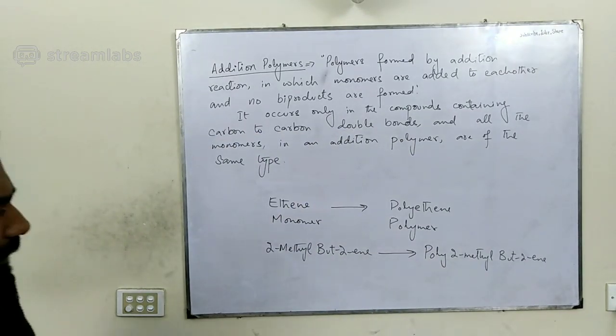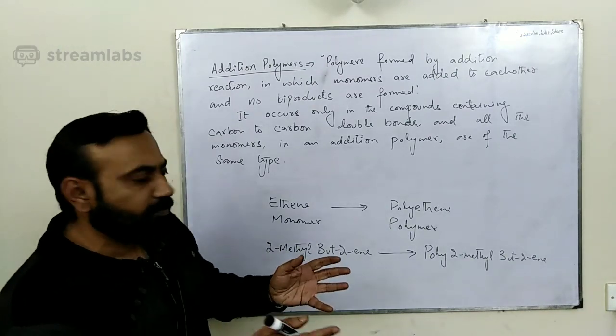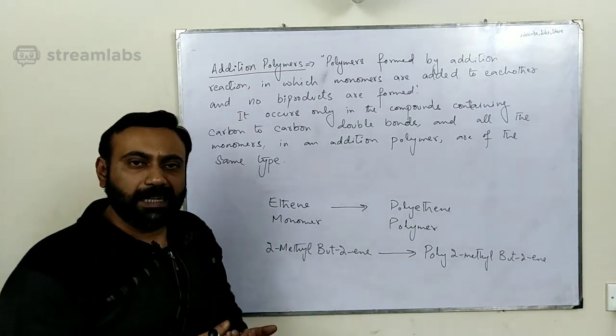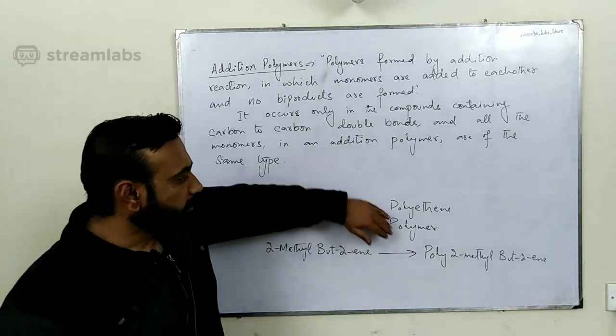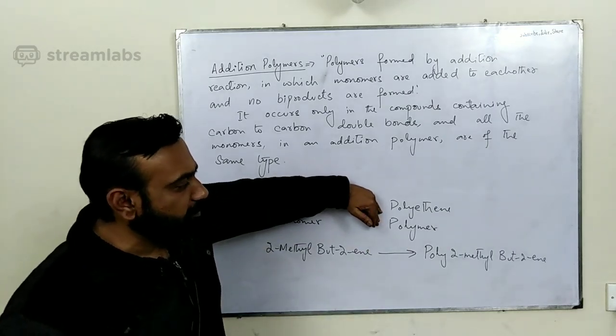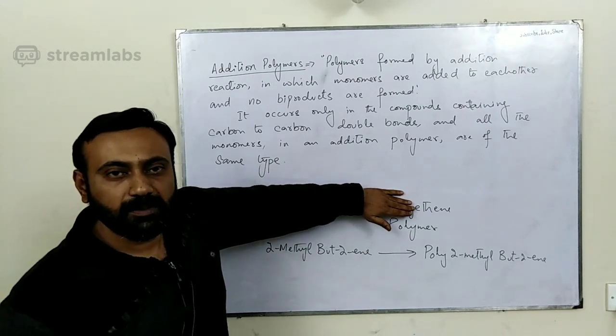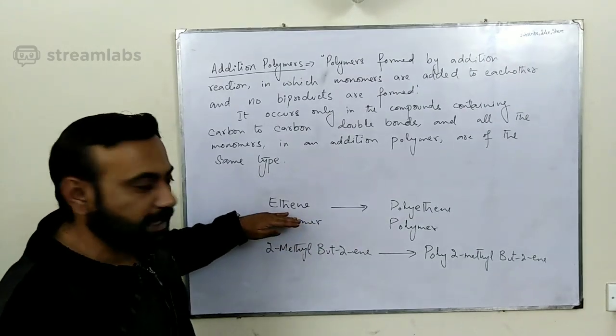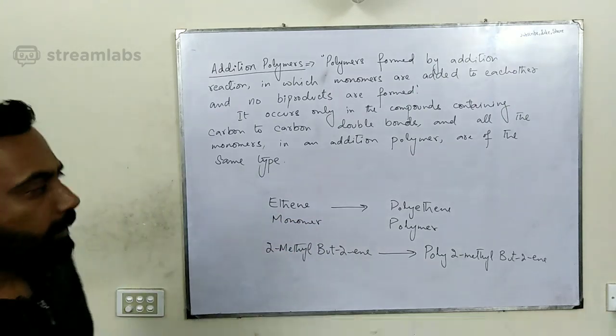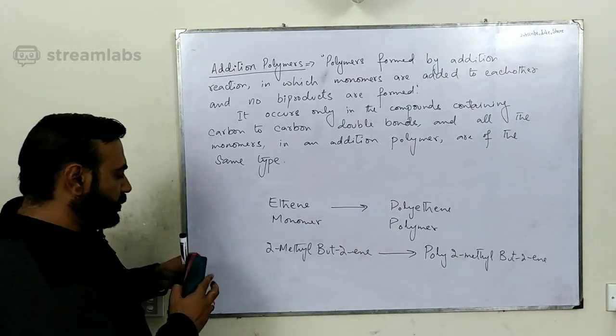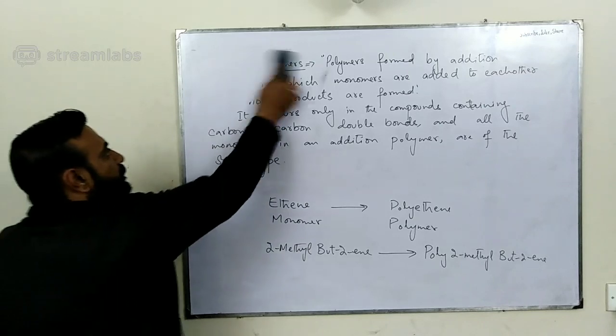Now even if you have the name of the polymer and you have to tell the name of the monomer, they have given you the name of the polymer, which is polyethene. Just remove that poly. The remaining part will be the name of the monomer. Ethene would be the name of the monomer. So how to construct the structures of these addition polymers?